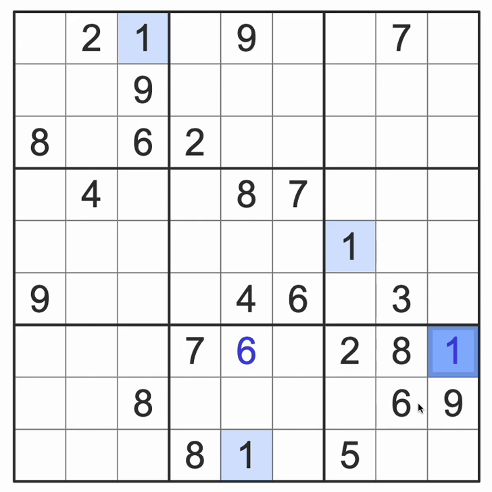And these are 3, 4, 7. Now this box is missing 3, 4, 7. And this cell is blocked by 3 and 7. So this can only be 4.